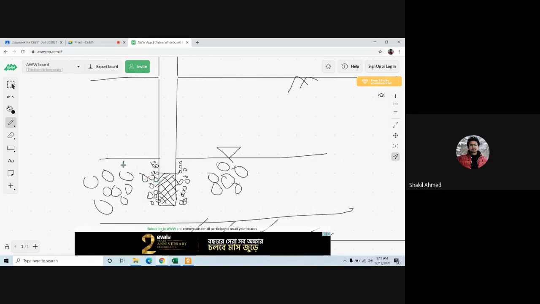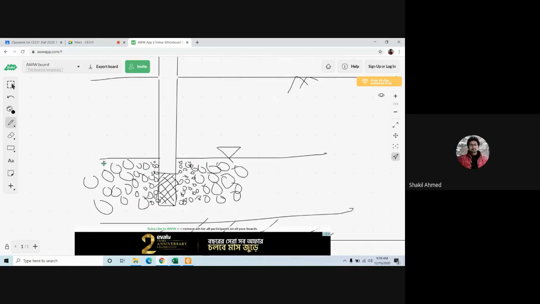First you have larger particles, and as you go towards the well in this direction you'll have smaller particles. We design the well in such a way. Is it clear? Yes, sir.